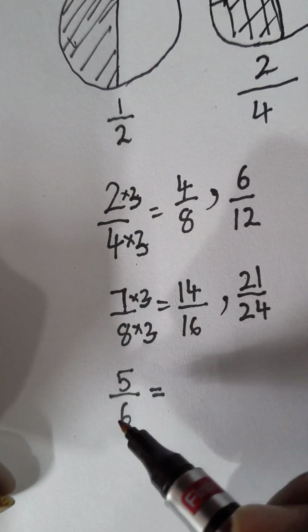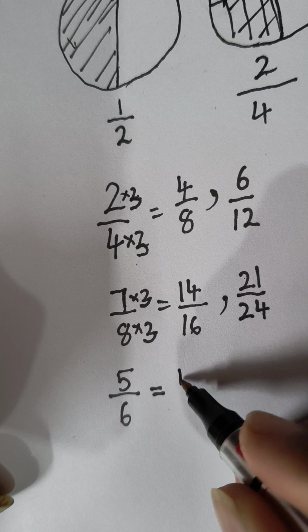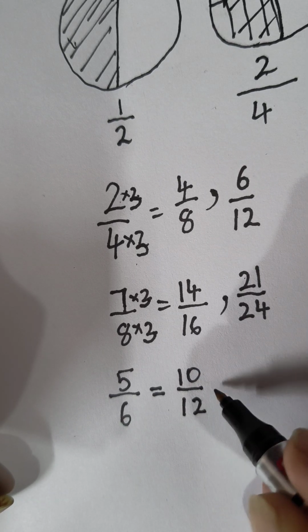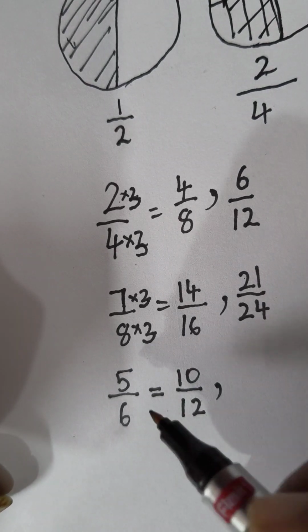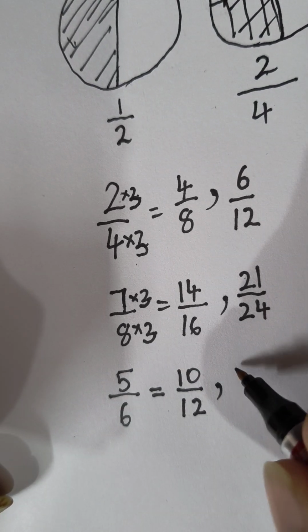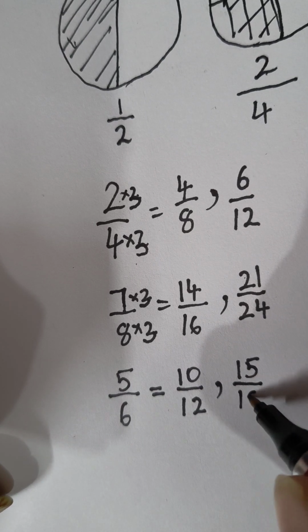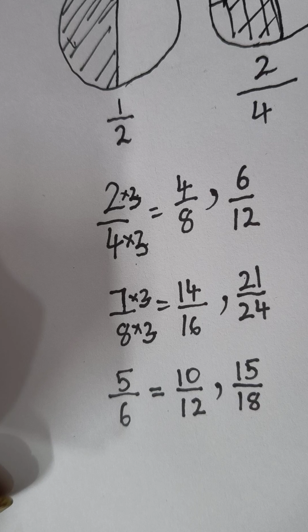I'll do it mentally. 5 twos are 10, 6 twos are 12. Now the next equivalent fraction, 5 threes are 15 and 6 threes are 18. But you should be very well versed with the tables.